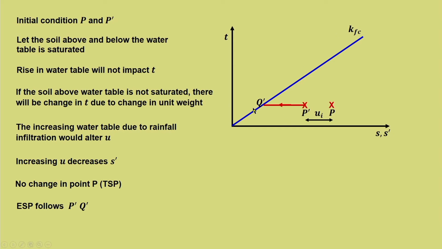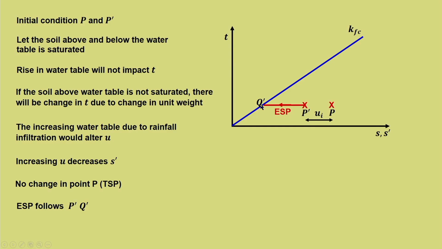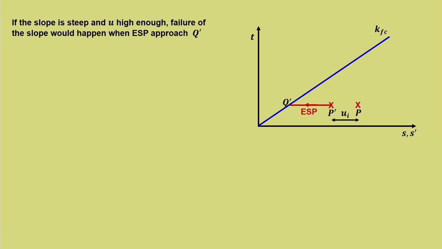So, it is a progressive failure condition from P dash; as and when there is a change in pore water pressure, it moves towards Q dash. At some point of time it fails. So, if the slope is steep and the pore water pressure generated due to infiltrating rainwater is high enough, failure of the slope would happen when ESP approaches Q dash.